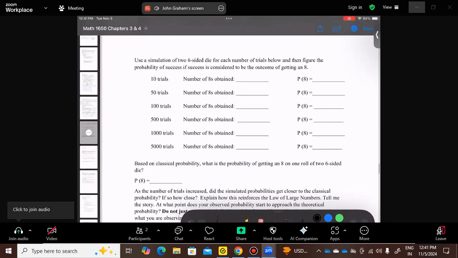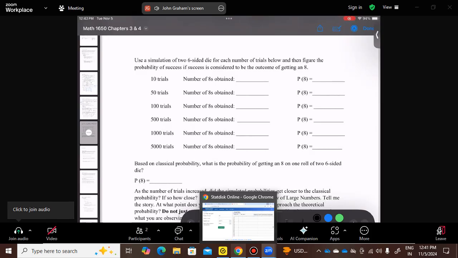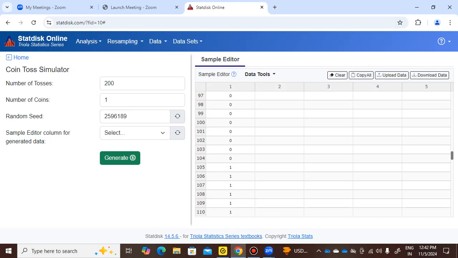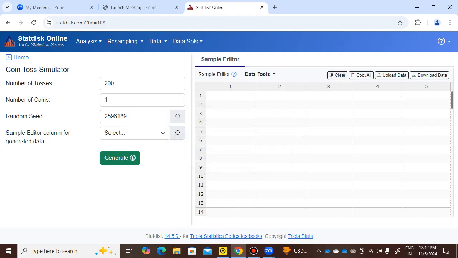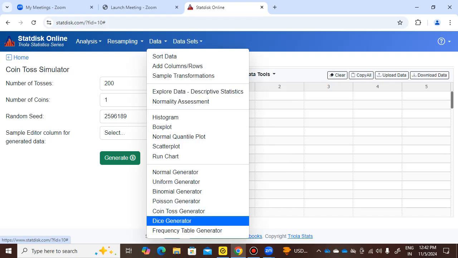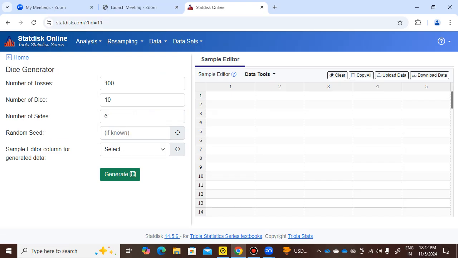So we're going to simulate the two dice again, but we're going to change the number of trials, and we're going to again look at it for 8. I'm going to clear this data and go back to the dice generator. We're going to start with 10 trials, 2 dice, 6 sides on each die, and the first column is going to be 10, then 50, and so on.